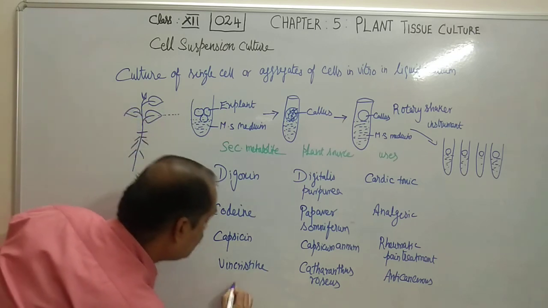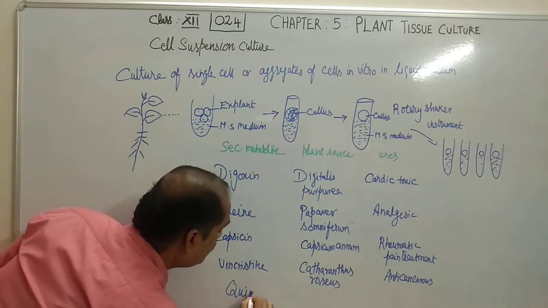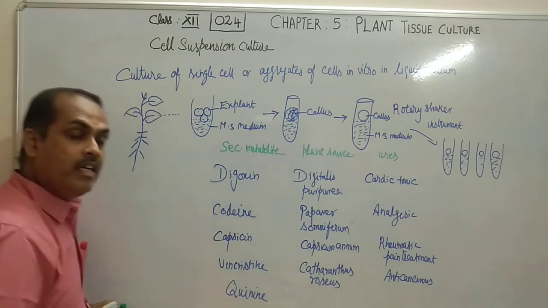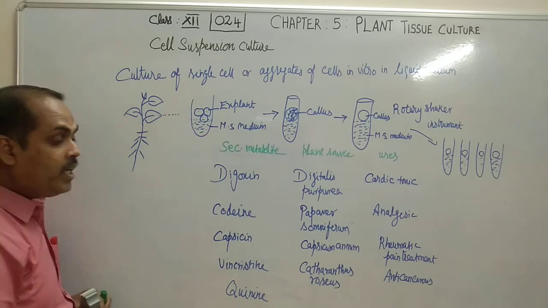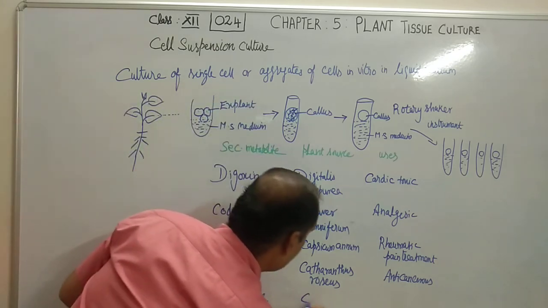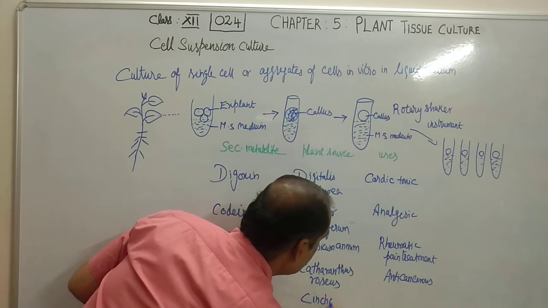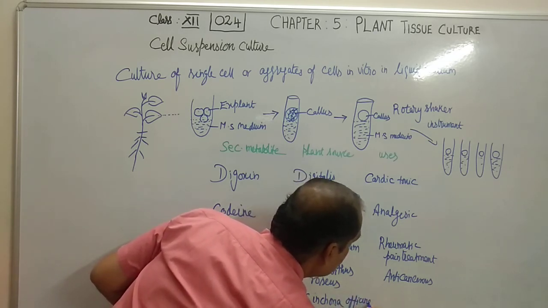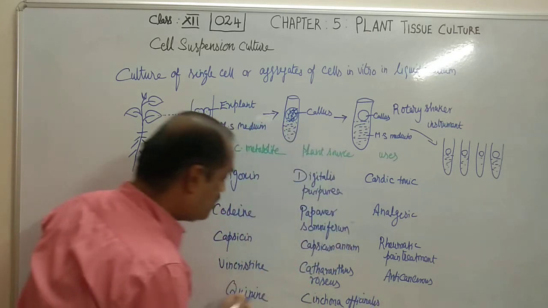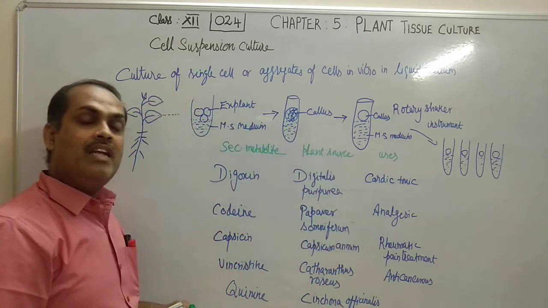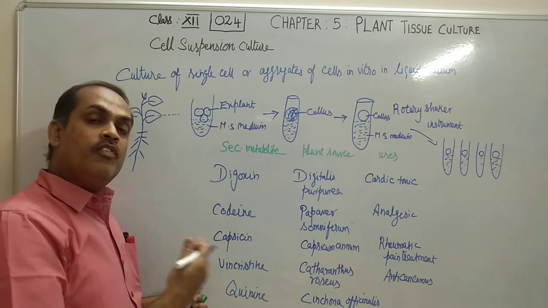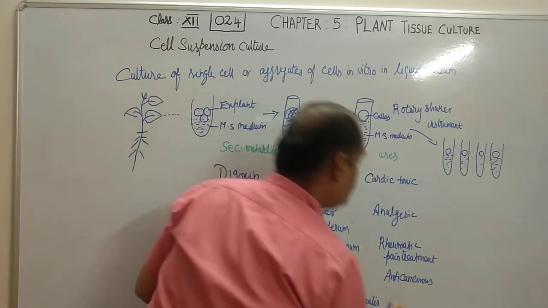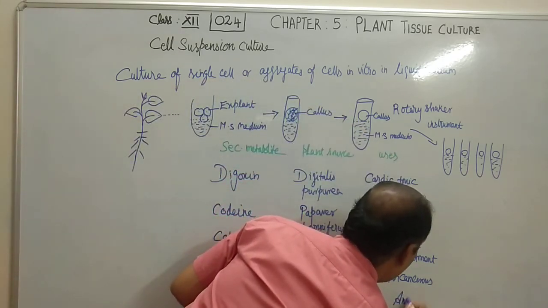Now the last one is quinine. Quinine is the name of the secondary metabolite obtained from Cinchona officinalis. We can get this quinine either from Cinchona officinalis or Cinchona calisaya, two different plants, and it is used as an anti-malarial drug.